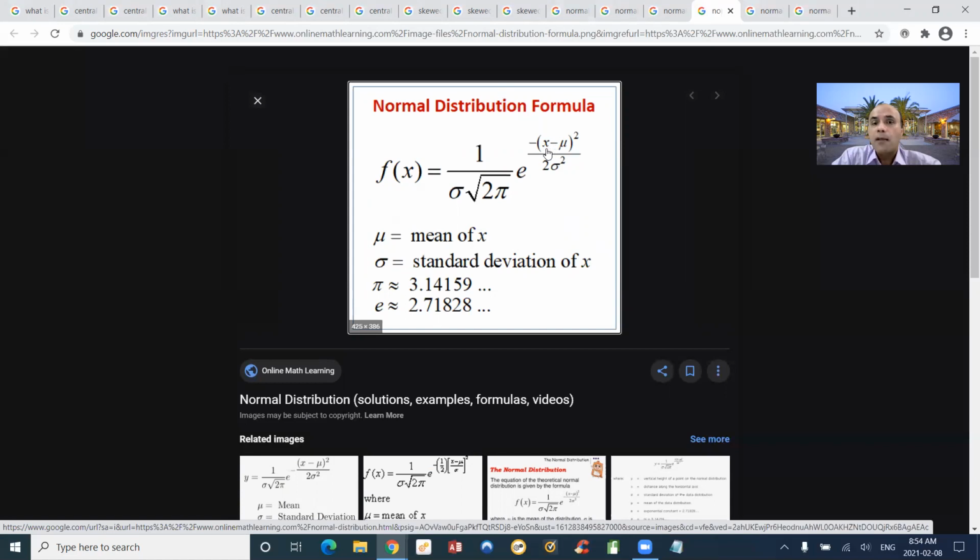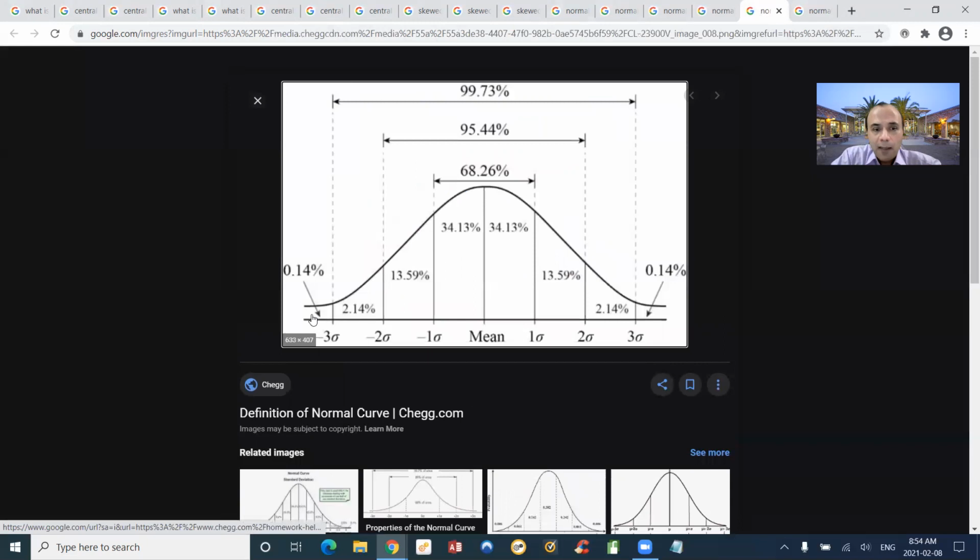If you take a look at the component on top, you have the x, and what does the x mean? X means from here to here, from here to here. This is your x-axis, and this is your y-axis. If you put the mean at 0, your x is going to be on the positive side, or your x is going to be negative.